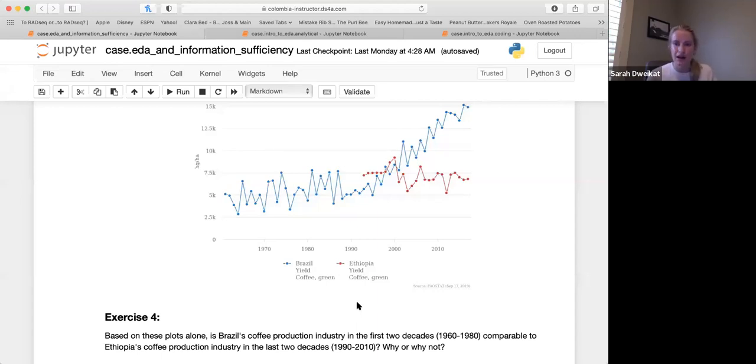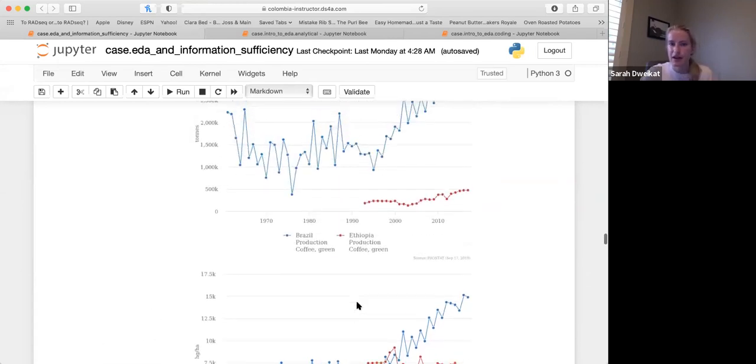Why or why not? Can we say that Brazil would be a good country for us to use as an analog for Ethiopia, just based off of this data?